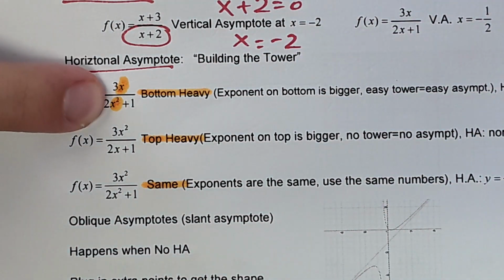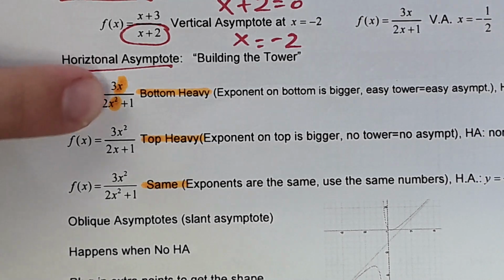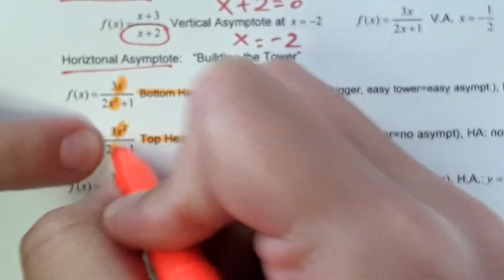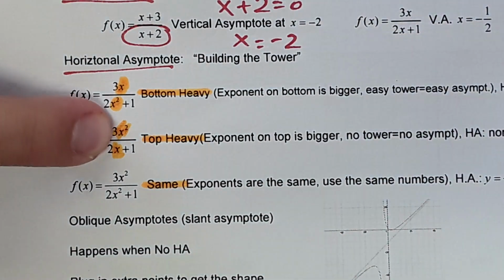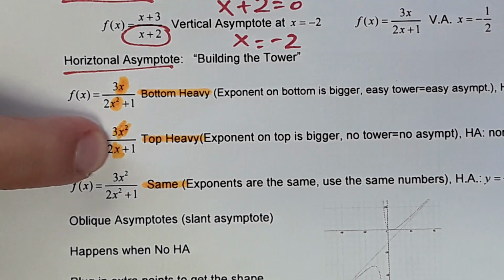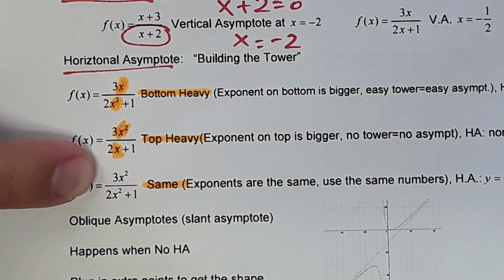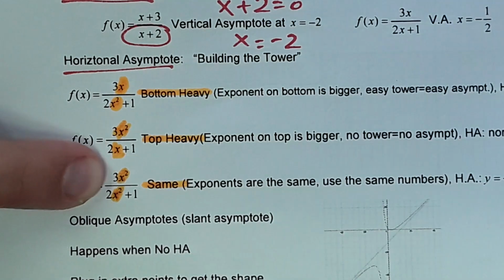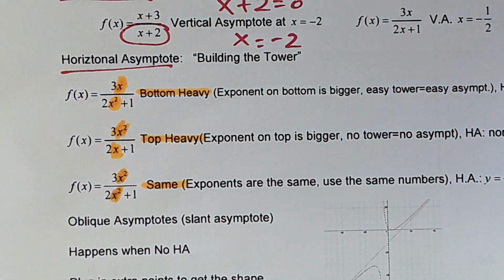So x and x squared. This is bottom heavy because x squared is on the bottom. There are more x's on the bottom than the top. Whereas this one, we compare x squared to x. This one's top heavy because x squared is on top and there are fewer x's on the bottom. And then for same, we have x squared on both, so it's the same. In that case, we follow a different rule.